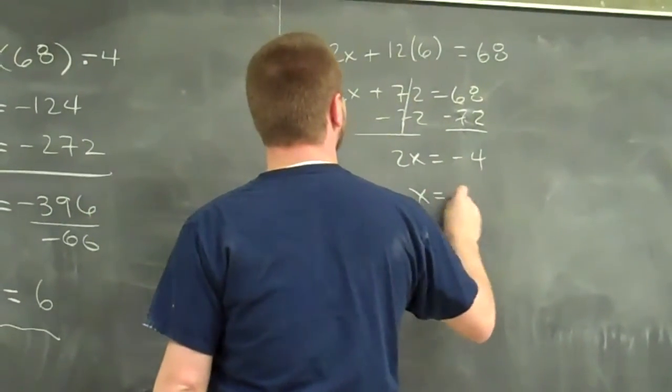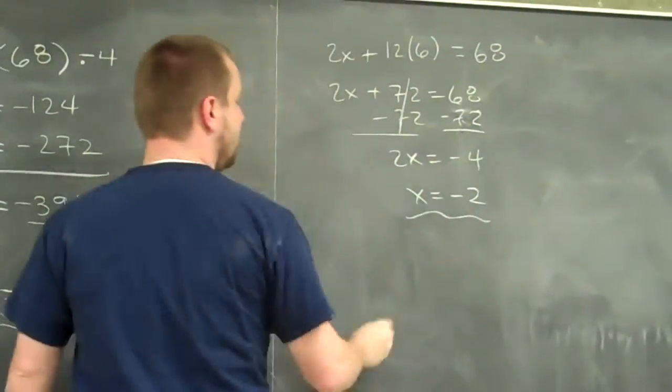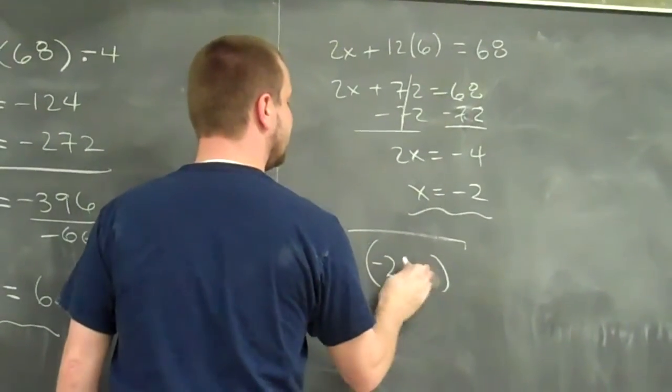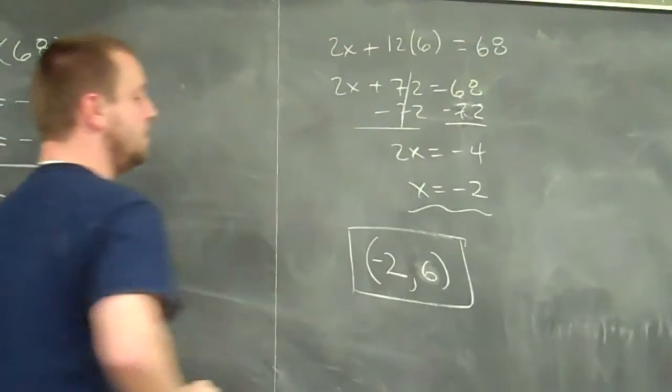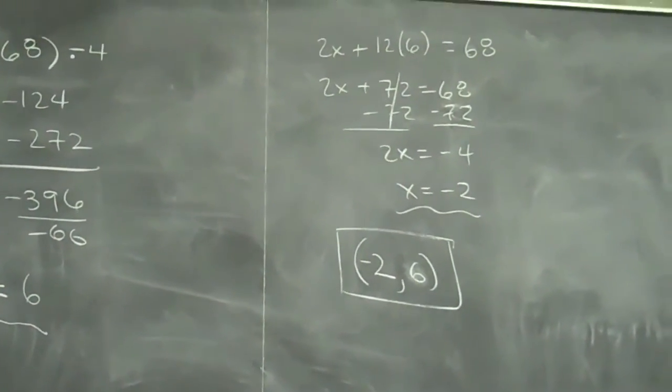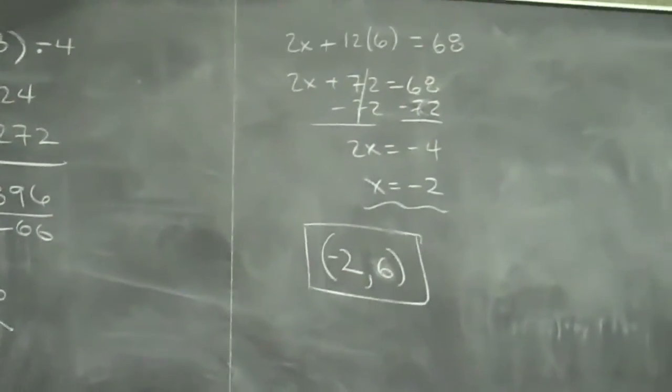Equals negative 4, so x equals negative 2. So, no, y is 6. Negative 2, 6 is my answer. That's the point where those two lines would intersect.